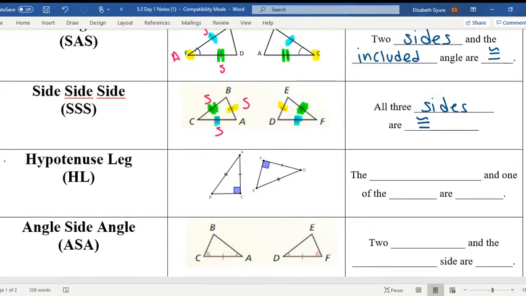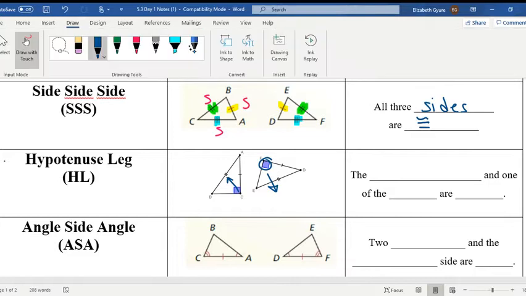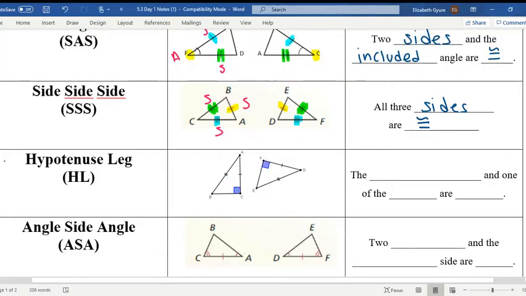All right. A hypotenuse is a side that only happens in a right triangle. The hypotenuse is actually the side across from the right angle. So you have your right angle, it's the side across from it. Does that sound familiar, guys? Okay, good. So it's the side across from your right angle.